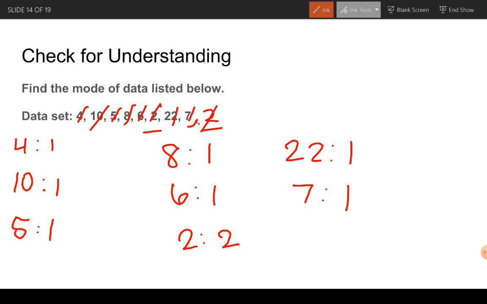So the number that appears the most amount of times would be 2. So 2 is the mode of the data set here on this problem.